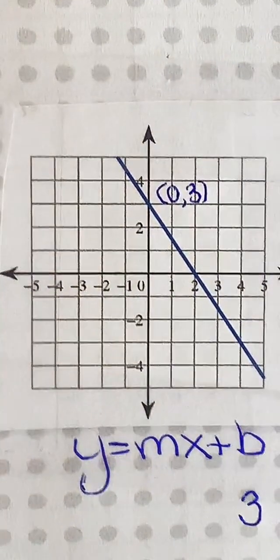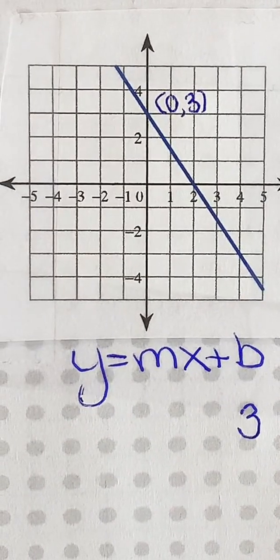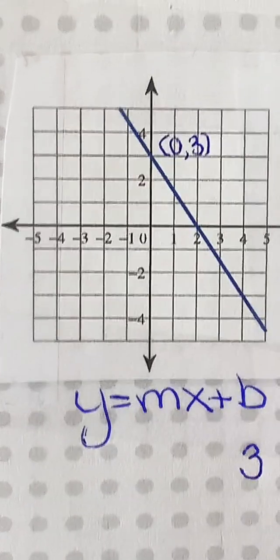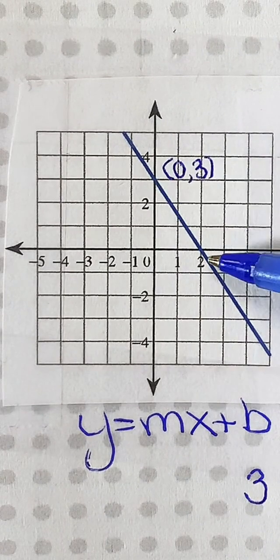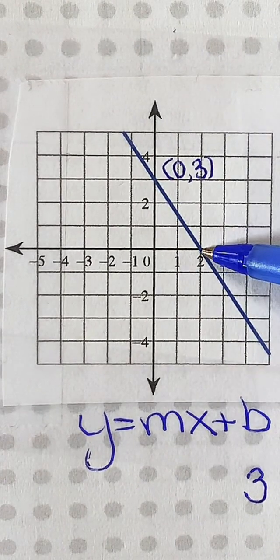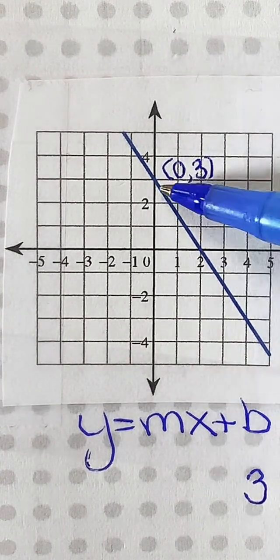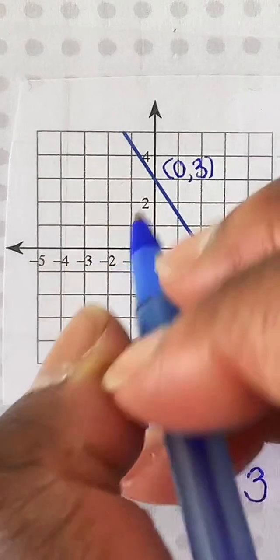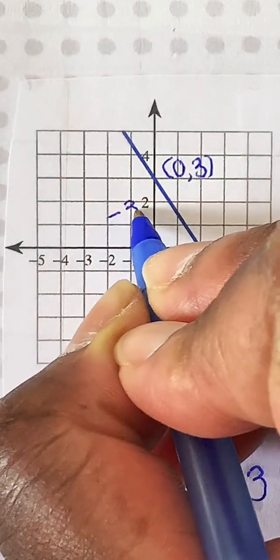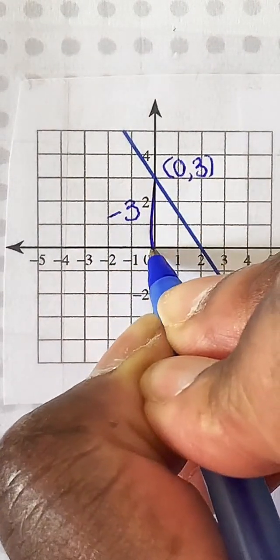Okay. Raise up a little bit. So now, from this y-intercept, I notice there's an x-intercept that I can count to. So I can go down 1, 2, 3. So that's going down 3, which will be a negative 3.